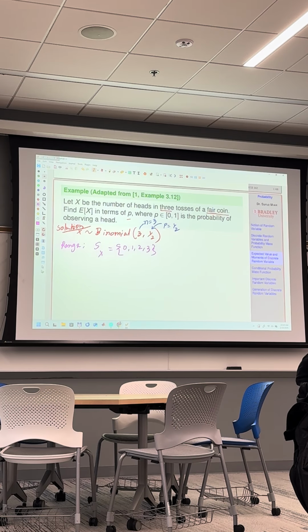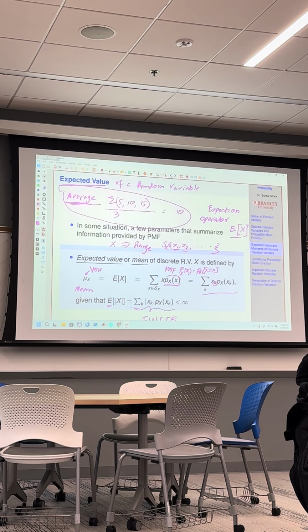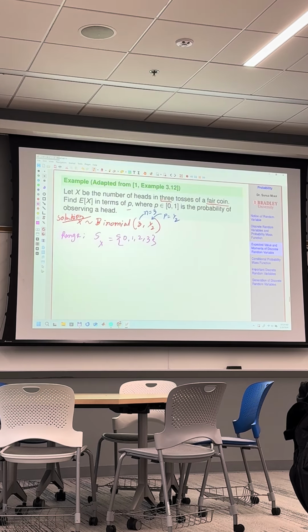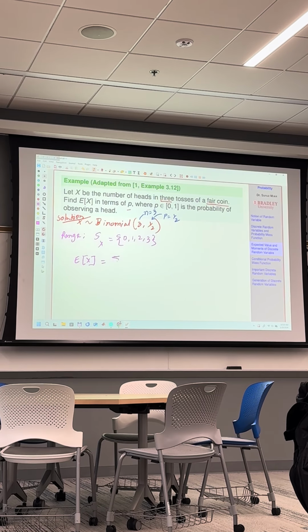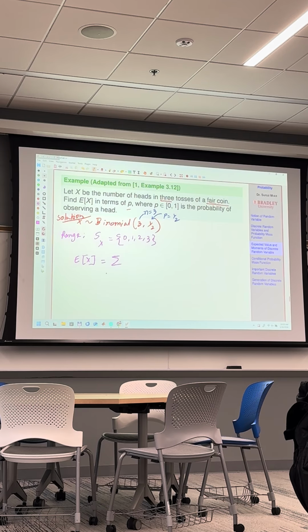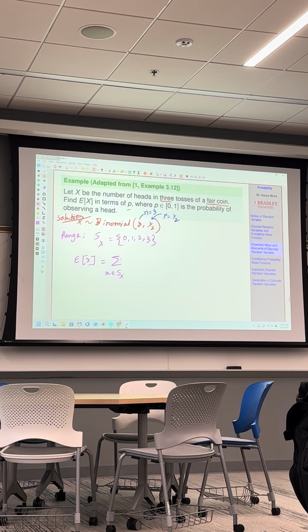Now look guys, the formula, see how I make use of this formula. So the expected value of x is, you take a summation, you take an element from the range, and whatever element you take, you multiply it with the PMF of random variable x taking value x.